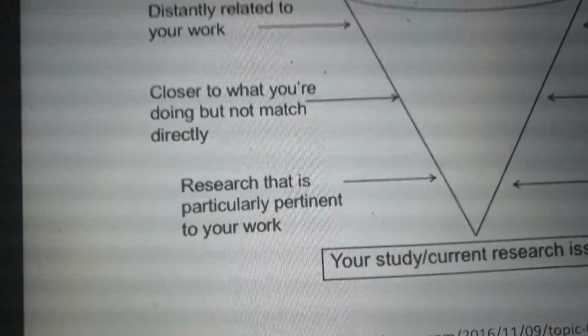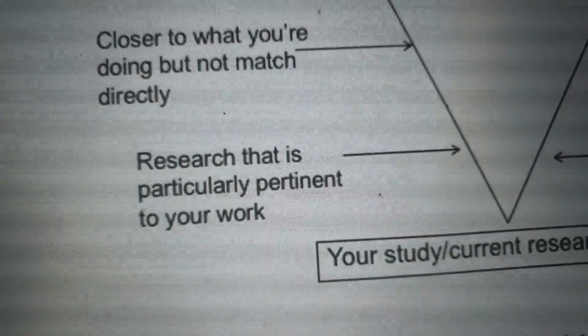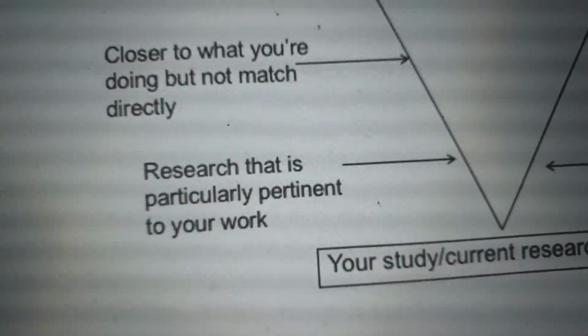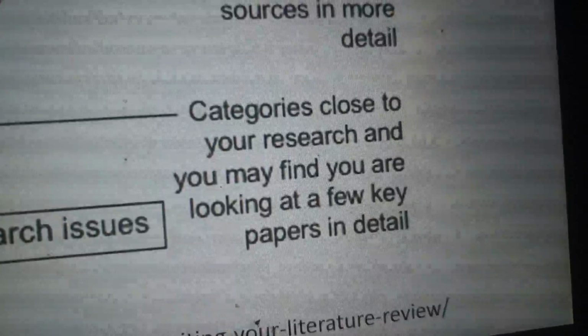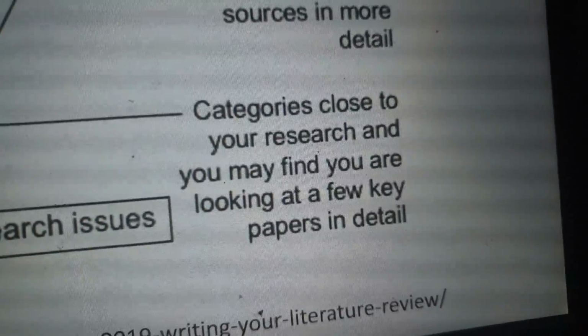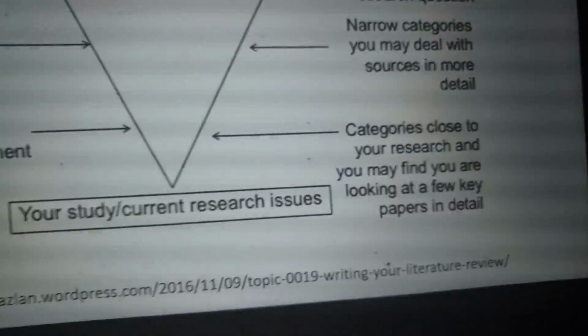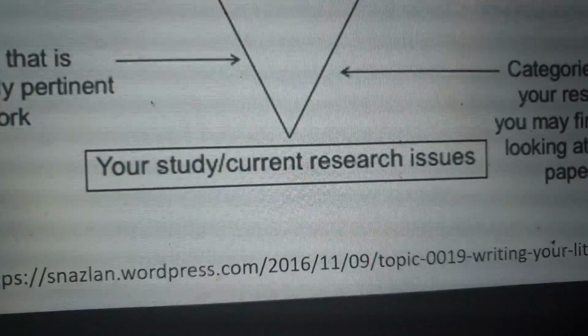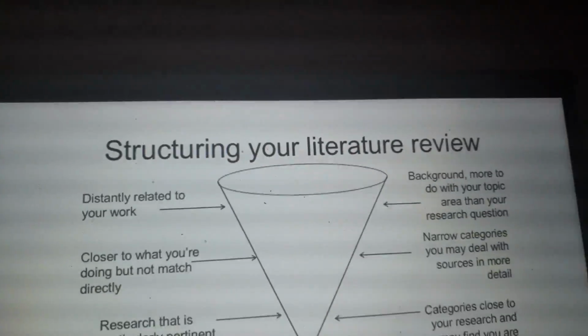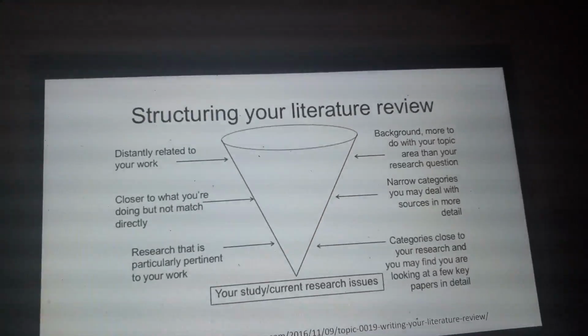And then, third and finally in this case, research that is particularly pertinent to your work. We're talking of categories close to your research, and you may find you are looking at a few key papers in detail, and therefore that is your study of current research issues. So you start with the generalities and move down to the specifics.